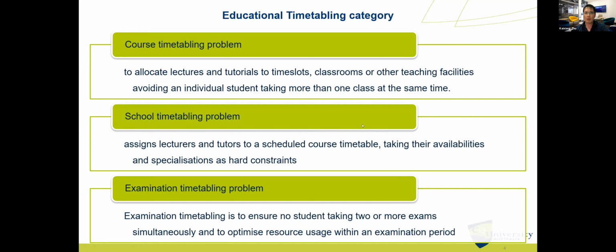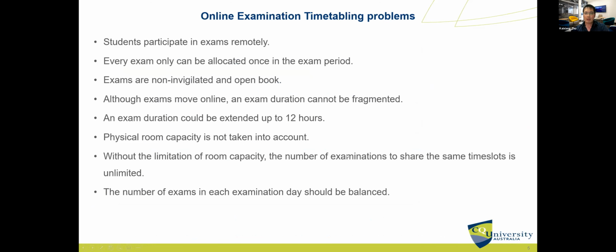It is to ensure no student takes more than one class at the same time. School timetabling is to allocate the teaching staff, and also consider their availability and their specification levels. And examination timetabling is to ensure no student takes more than 2 exams at the same time.